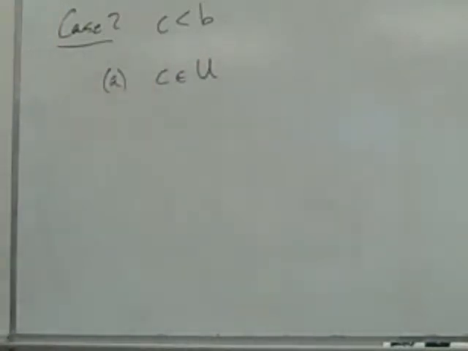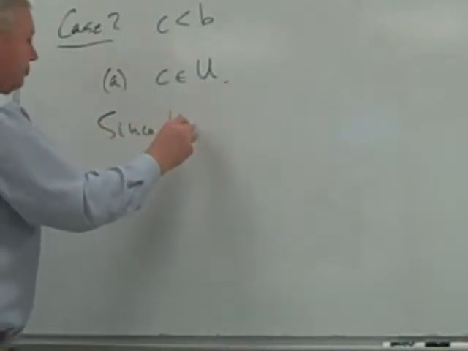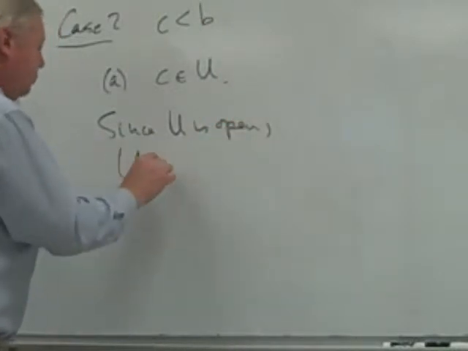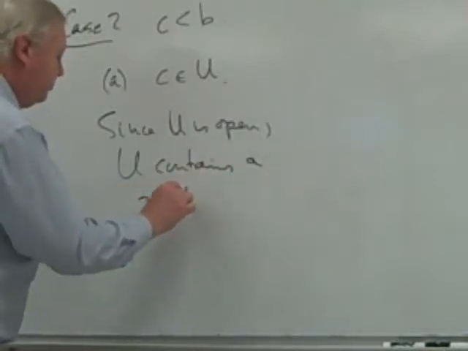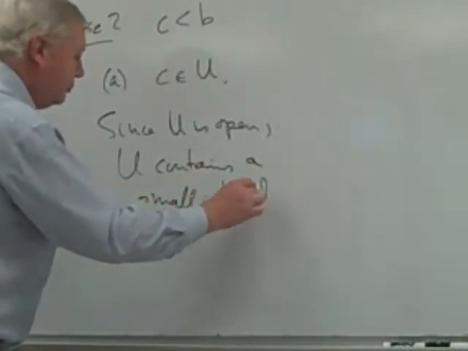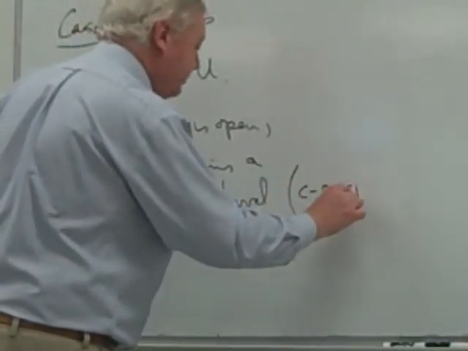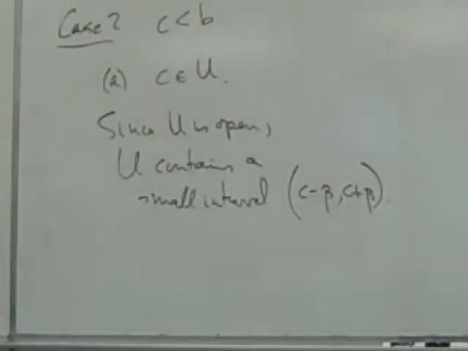So it could be in U. But because U is open, U contains a small interval of the form C minus beta to C plus beta. There's room for that because C is strictly less than B.